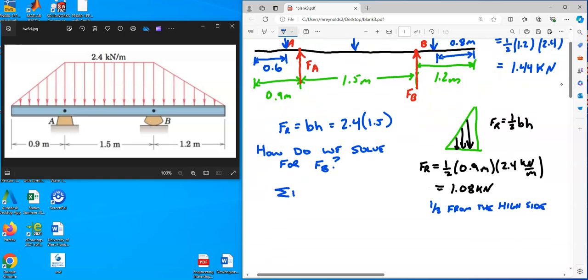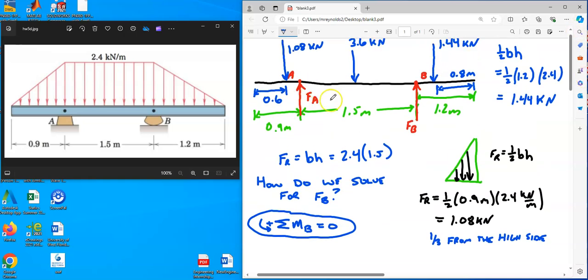We know that the sum of the moments about point B equals 0. We've been talking about moments for a little while. In Lectures 7 and 8, we talked a lot about moments. If we can say this is true, and it is, we can write one simple equation to solve for the force at A. Now you might say, why did I choose B? Why did I say the sum of the moments about B equals 0?